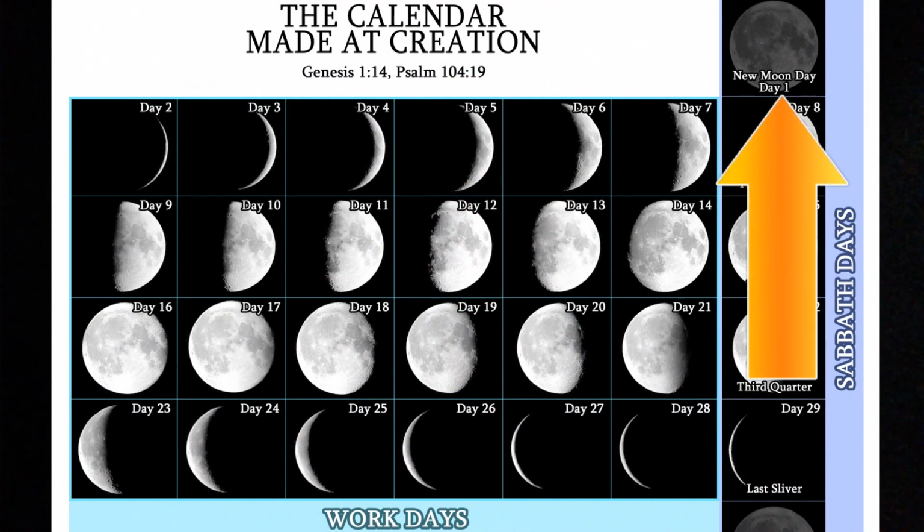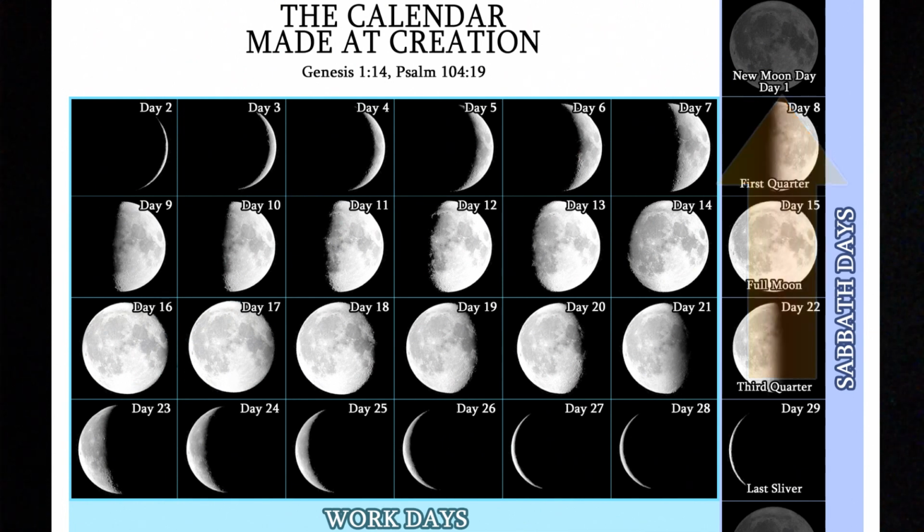The beginning of every month is a new moon day. The moon is usually dark at the beginning of the month; it will be 100% dark. Then in the evening of the new moon day, the first crescent of the moon will come out, usually at the time that the sun goes down.